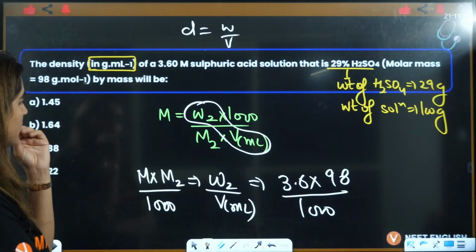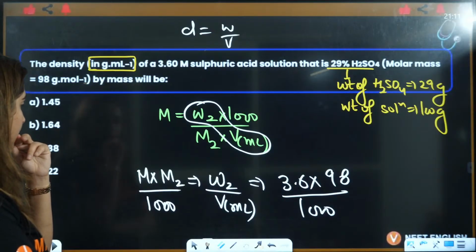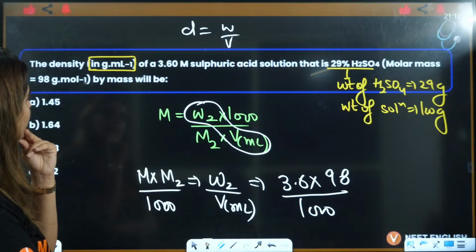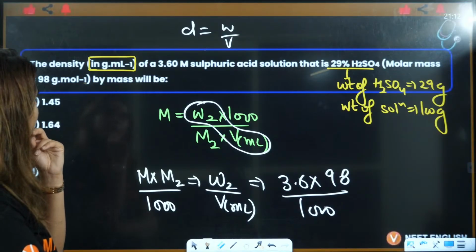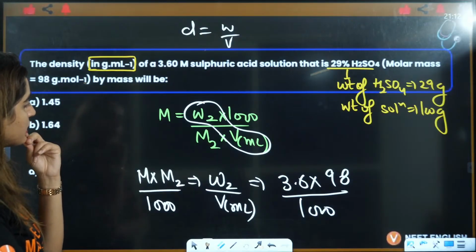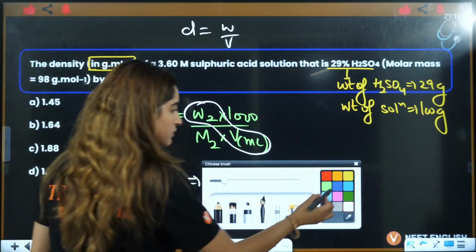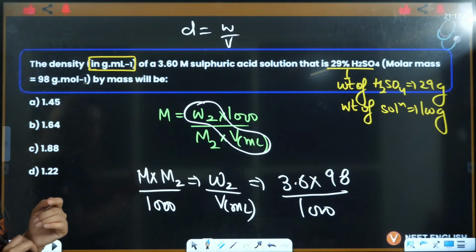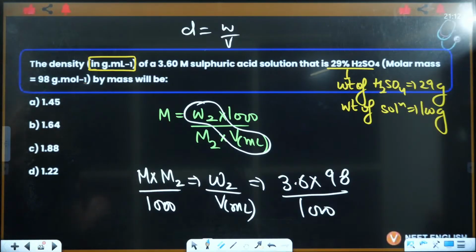This is given to be density only they're asking. I don't know why it is not coming out like this. Wait a minute. It should be 3.6 multiplied by 98. Milliliter only they are saying, na? Gram per milliliter.